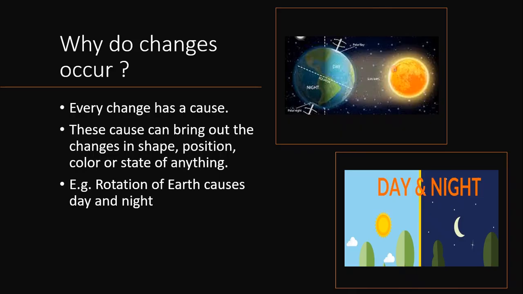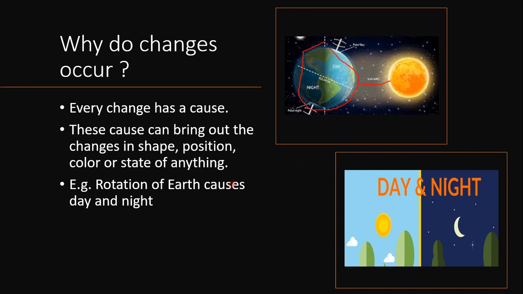Why do the changes occur? Every change has a cause. These causes can bring out changes in shape, position, color or state of anything. Even day and night: the earth rotates, as you can see in this image, so day and night occur.